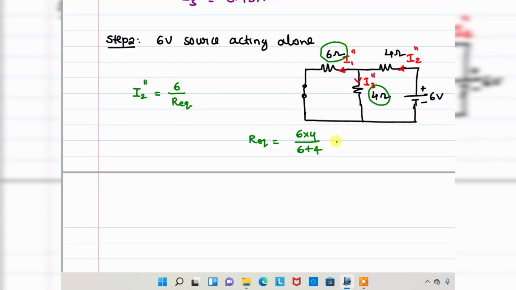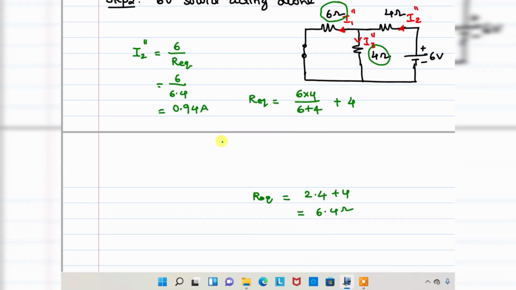This parallel combination is in series with 4 ohms. Then R equivalent is equal to 2.4 plus 4, that will be 6.4 ohms. You get 6 divided by 6.4, that is equivalent to 0.94 amperes. Okay, so you got the current I2 double dash.